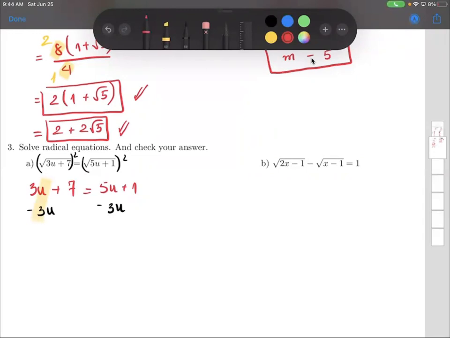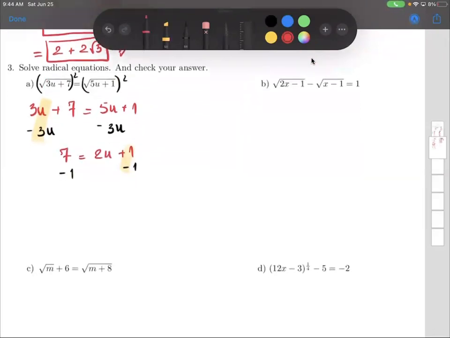So I have 7 equals 2u plus 1. Subtract 1. So I have 6 equals 2u. Divide both sides by 2. u equals 3.